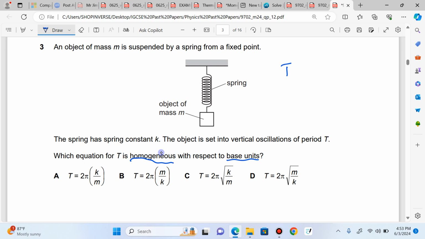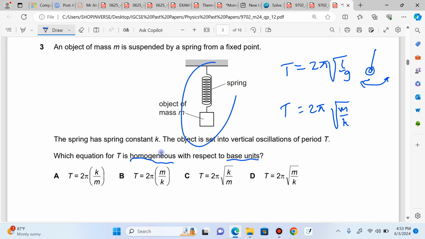You know, period equals 2 pi root L over G for an oscillating pendulum bulb. Also, period equals 2 pi root M over K for a loaded spring. So this is the correct answer, 2 pi root M over K. That is D. That makes D the correct answer to question number 3.